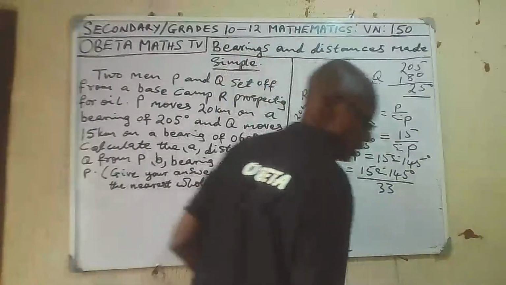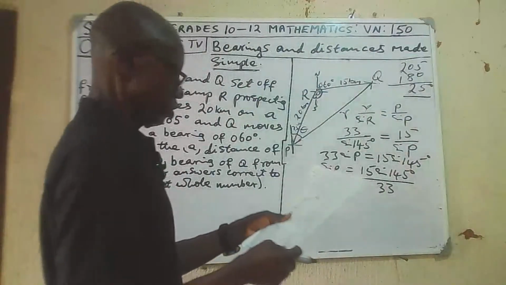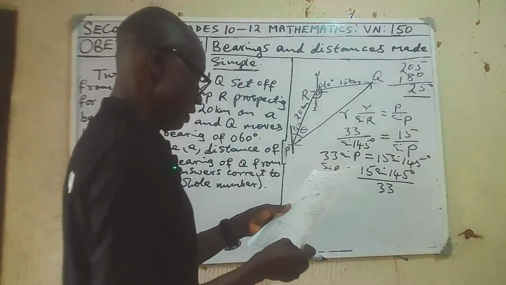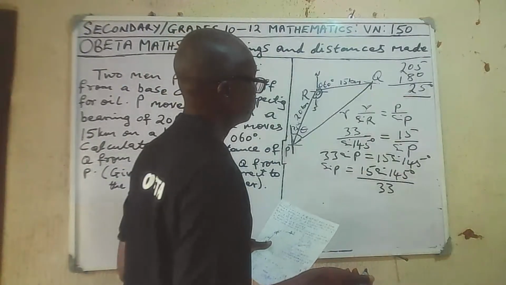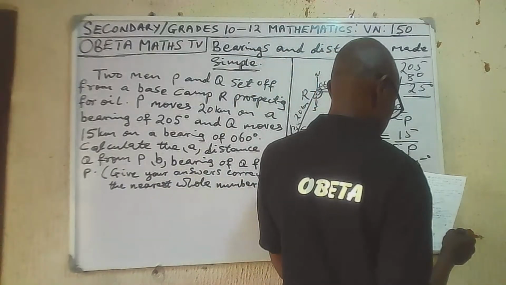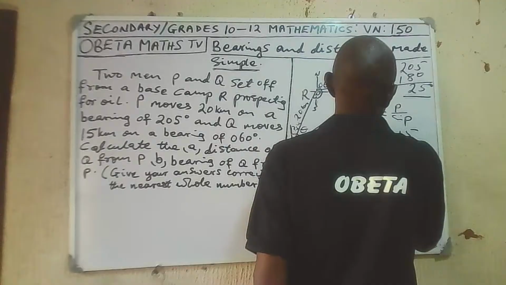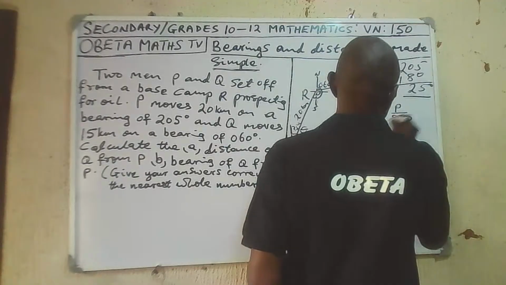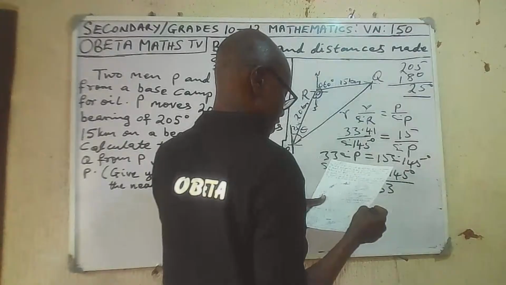Then we go back to our table. We'll try to calculate. Let us just use our 33.41, the answer we got before, and then we use it to divide.